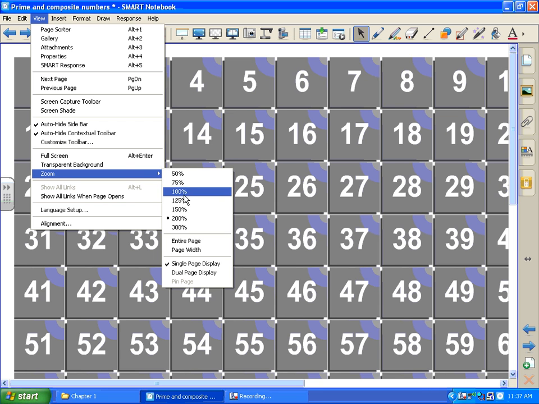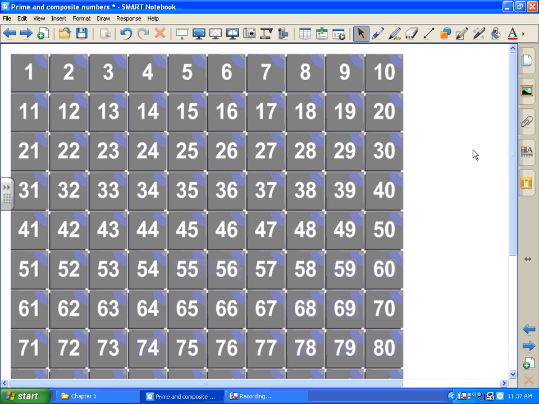Now, with your hundredths chart, I also want you to get out a red pen. I want you to get out a green pen and purple.